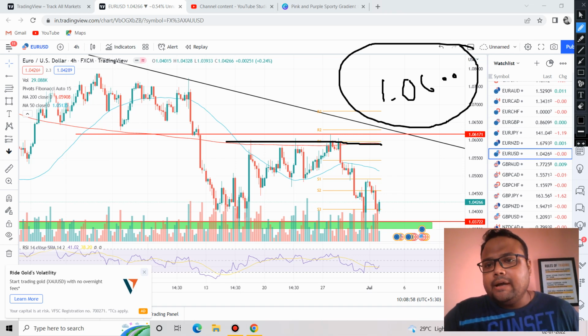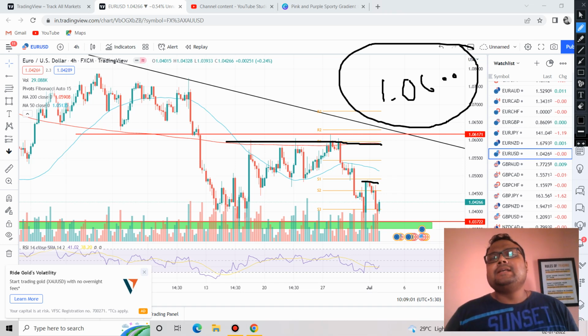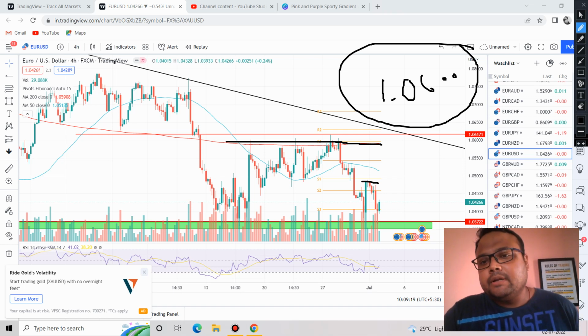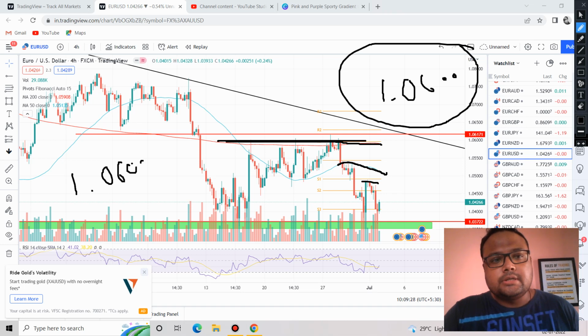Okay, we also have these levels, but to be honest, considering the present chart, I will suggest you take a trade on the bigger levels. If you are really looking for safe trading options, then it is better to take a sell position if the market reverses from the 50 moving average, or from this particular level of 1.0600 or 1.0620.